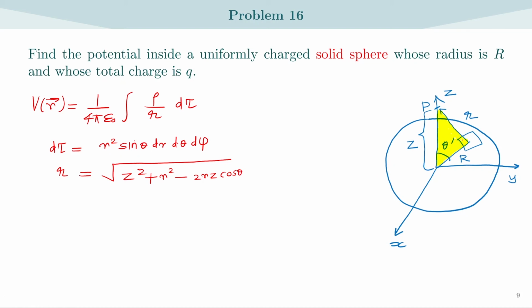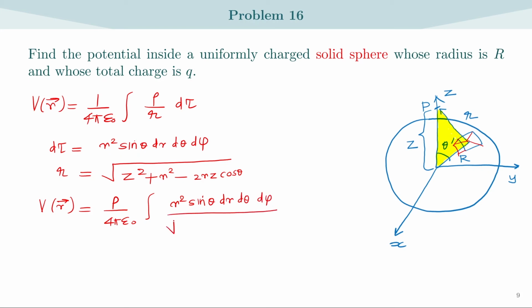The only difference is that in this case, this patch will become a volume element. Now the potential can be written as V equal to ρ over 4πε₀ ∫ r² sin θ dr dθ dφ over √(z² + r² − 2rz cos θ).